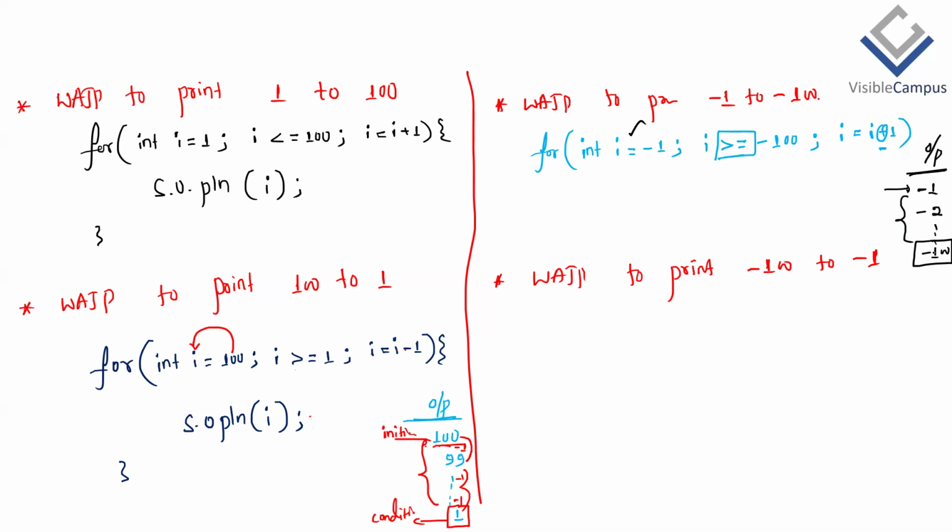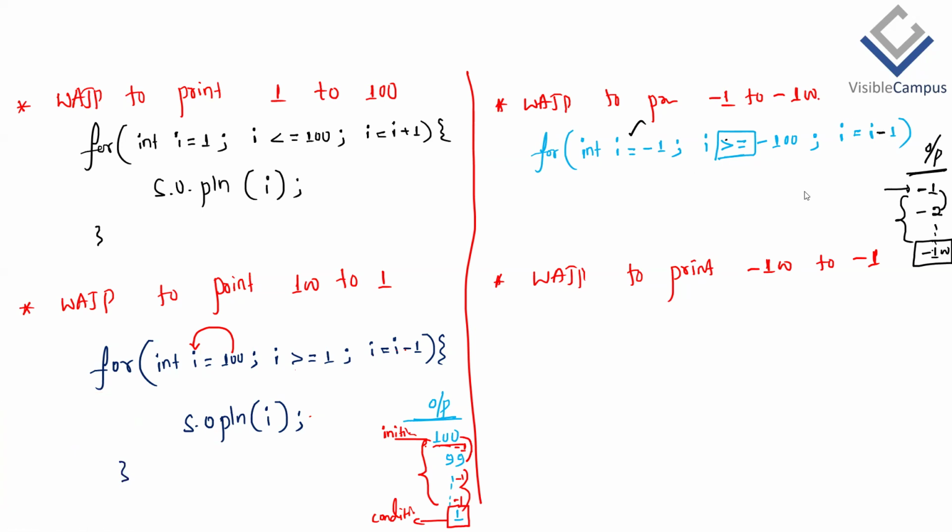So therefore i is greater than or equal to -100, including -100. Next, -1 to -2, is it increasing or decreasing? Decreasing. So here do we add +1 or write -1? -1. Here it is -1.